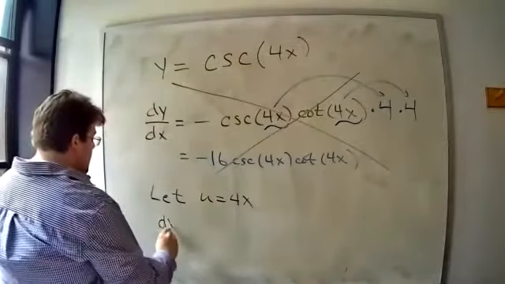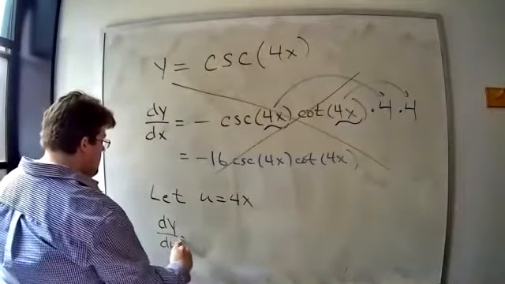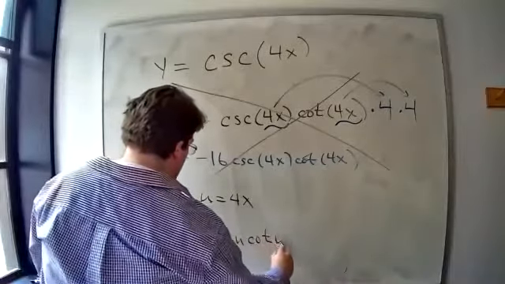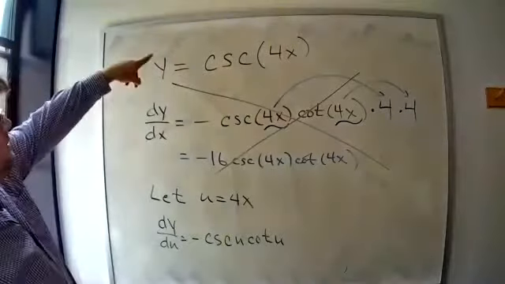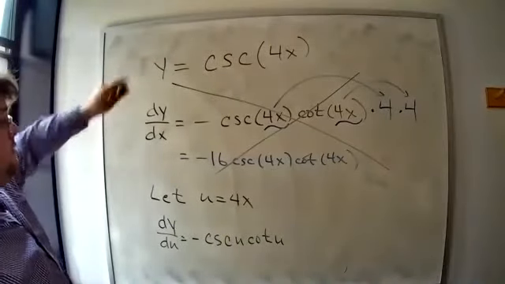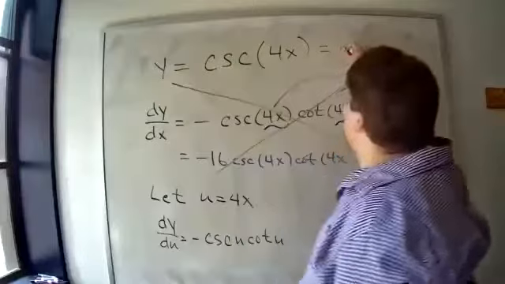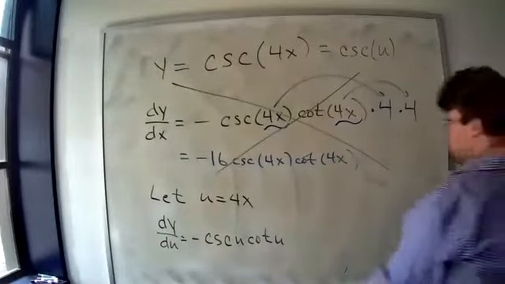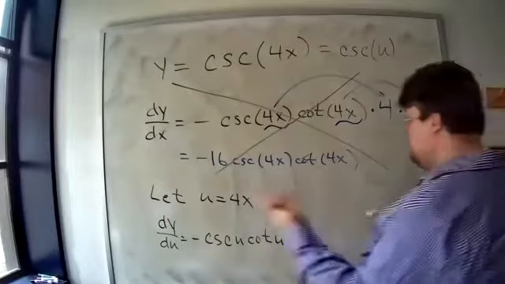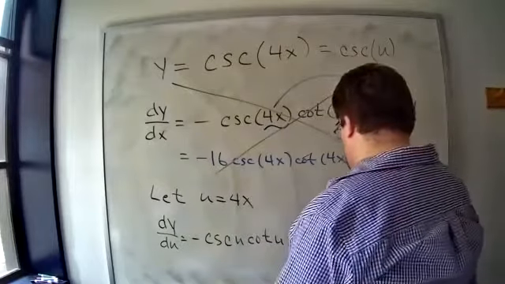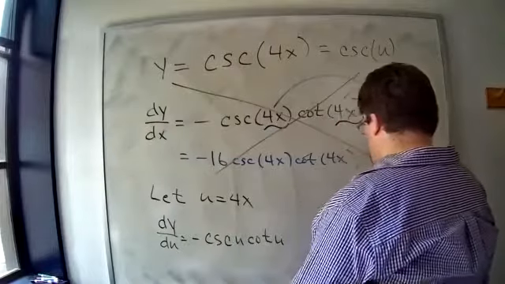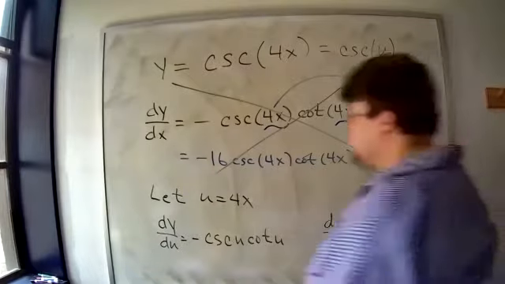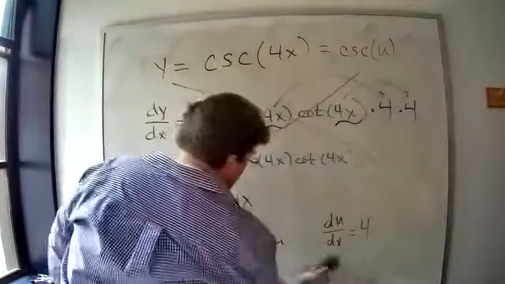Then dy/du: if u equals 4x, y is cosecant of u. dy/du is negative cosecant u, cotangent u. du/dx is 4. Only one 4, because there's only one 4x.